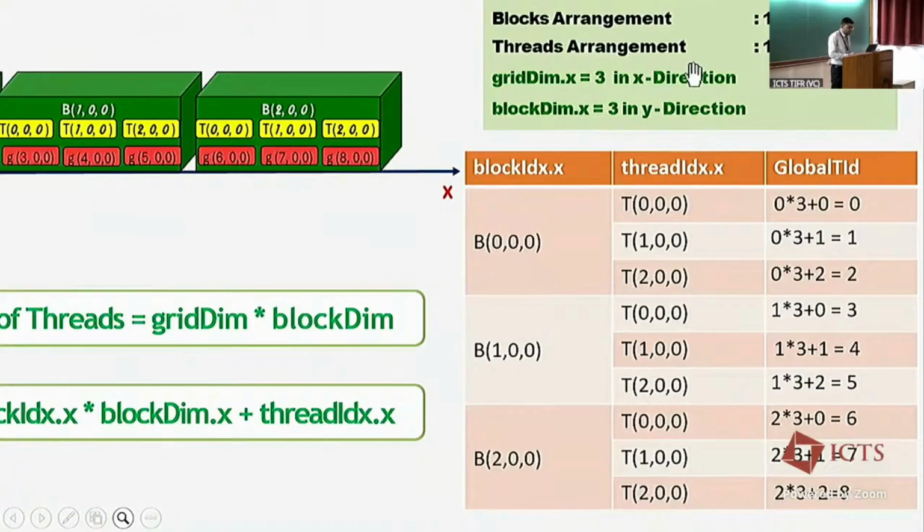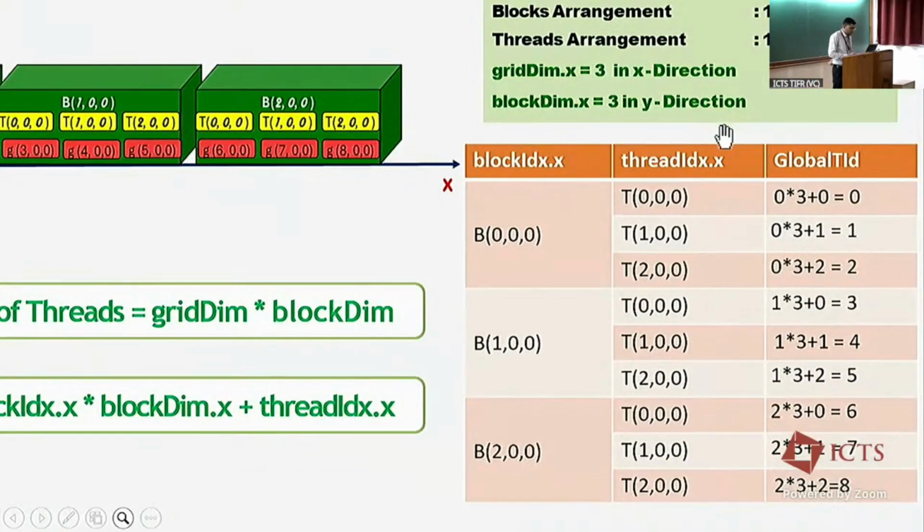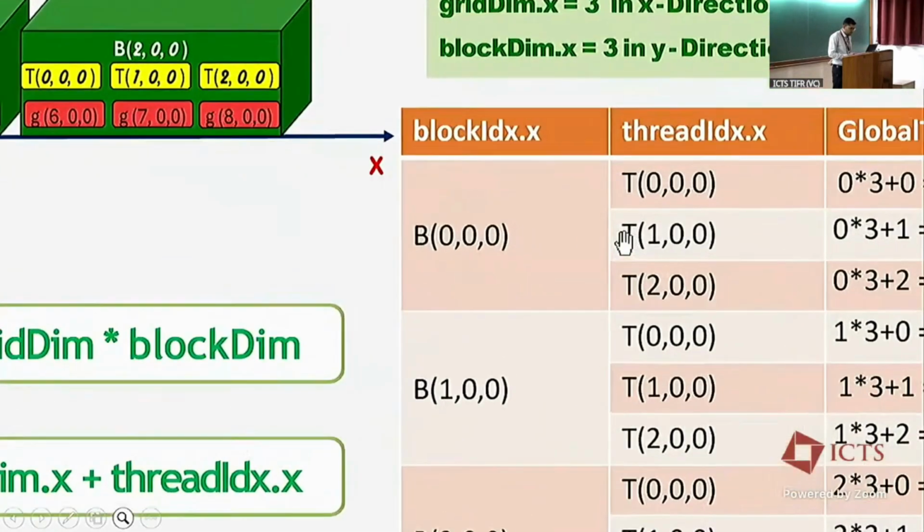Here, the block arrangement and the thread arrangement are in 1D, one dimension. The gridDim.x, the dimension of the grid, that is, the blocks present in the grid, is 3 in the x direction, and the threads present in the block are also 3. Here is the calculation.